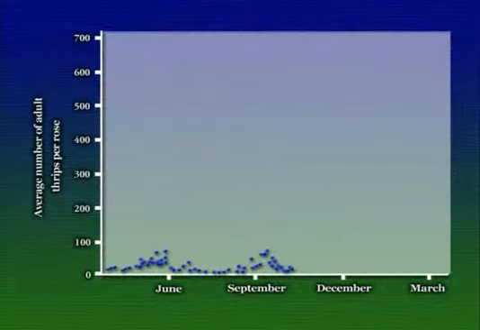Now, what you see if you monitor the population size of a population of thrips is that during the winter, now this is the Australian winter, so this would be in what we would consider the summer months, say of around June, the temperature is fairly cool. This cool temperature actually impedes the development of individual thrips, and as a result, individuals don't mature fast enough to reproduce before the flower on which they're living itself dies.